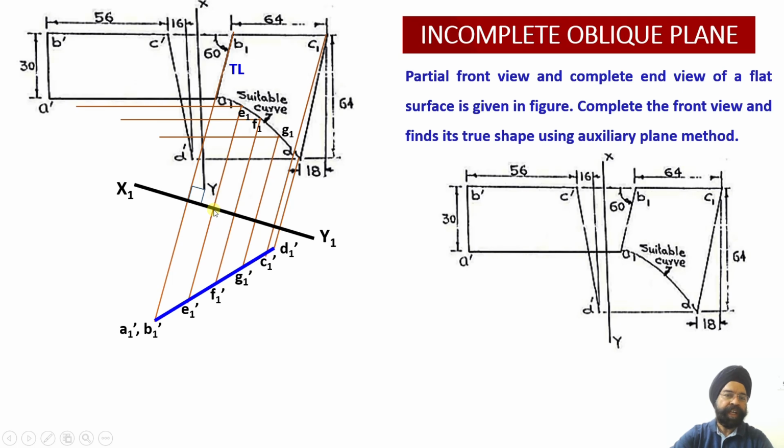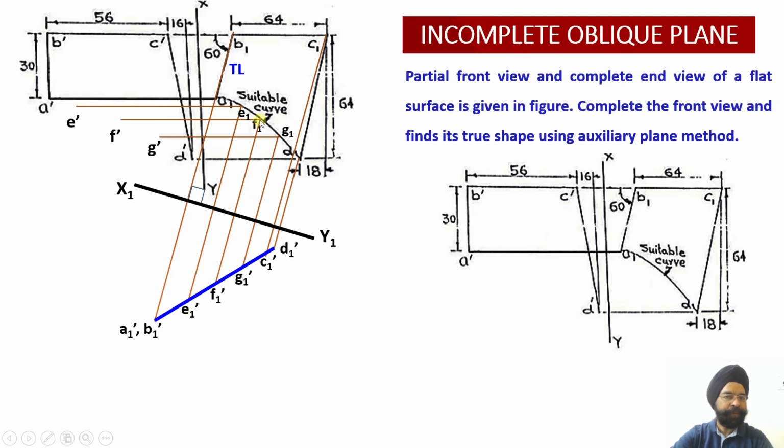So what I'll do now is reverse iteration. I know the horizontal line locus, I know the distance. So I'll transfer this distance of E1 dash, that is, X1Y1 to E1 dash distance I'll measure, and then I'll keep the needle of the compass here. I'll keep the second end of the needle over here, so that this distance, that is the distance of E dash from XY, would be equal to the distance of E1 dash from X1Y1.